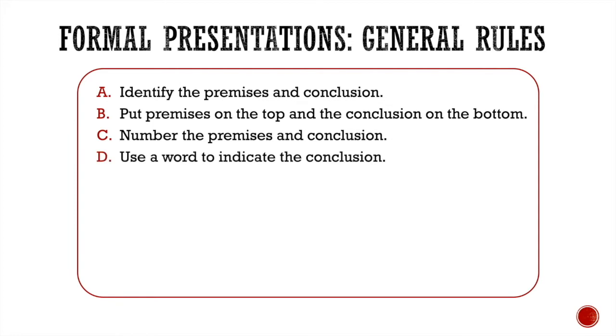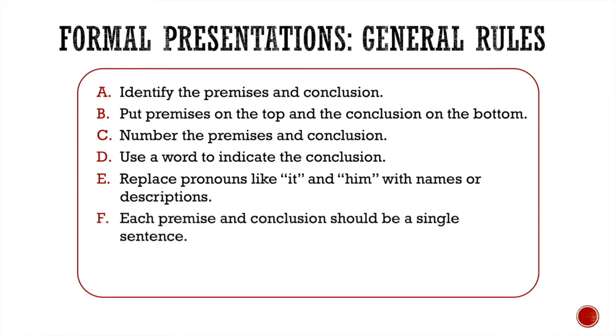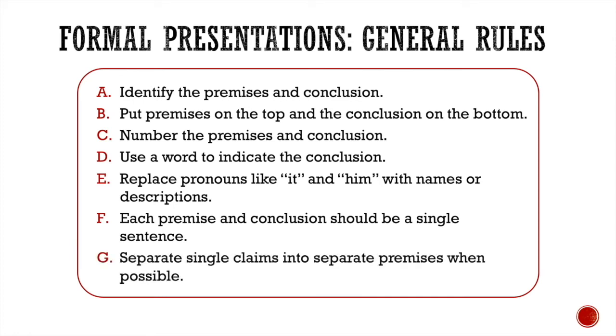Use a word to indicate the conclusion. Replace pronouns like it and him with names or descriptions. Each premise and conclusion should be a single sentence. And finally, separate single claims into separate premises when possible.